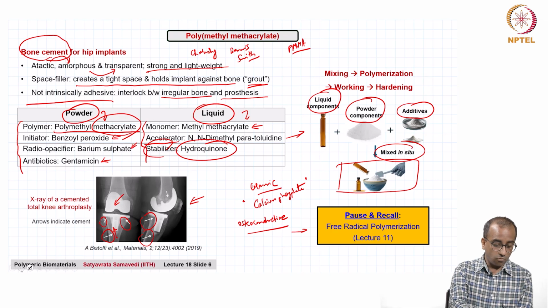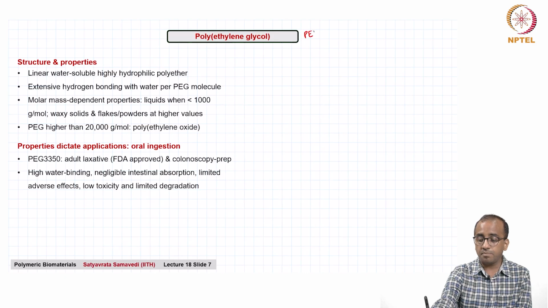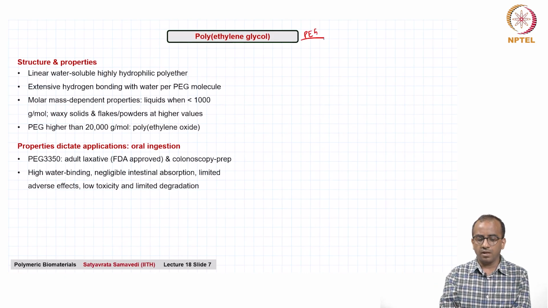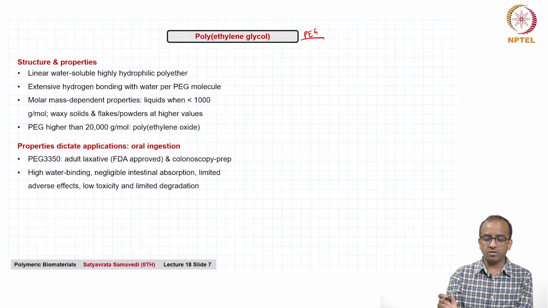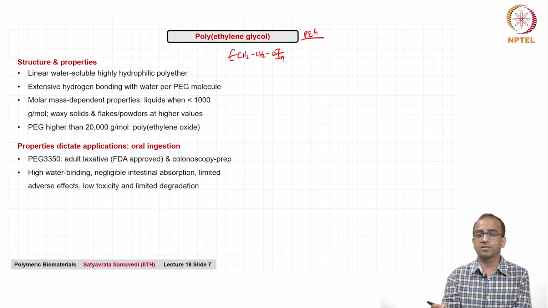We will next move on to another very important polymer, namely polyethylene glycol or PEG. From a structure property perspective, this is simply a linear water soluble hydrophilic polymer, and its structure is simply given by this CH2 CH2O.